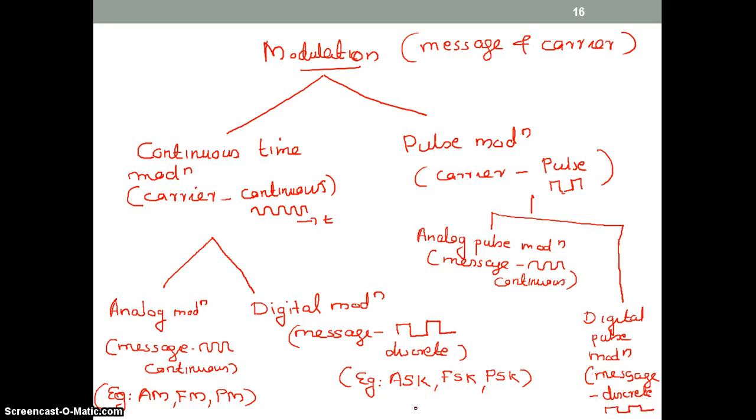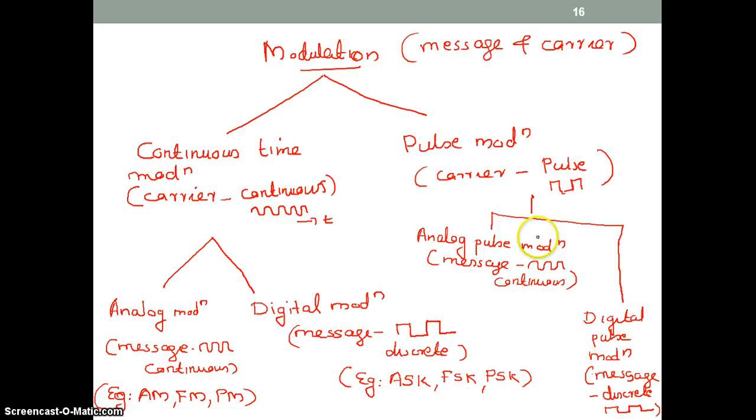It is not continuous, it is ones and zeros. So remember, under digital modulation only these two will come, where message is discrete. Here message is discrete: ASK, FSK and PSK. Here also digital pulse modulation, message is discrete.